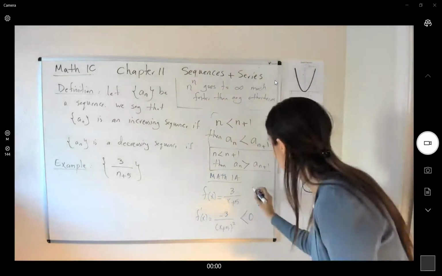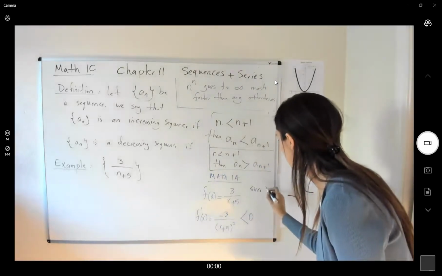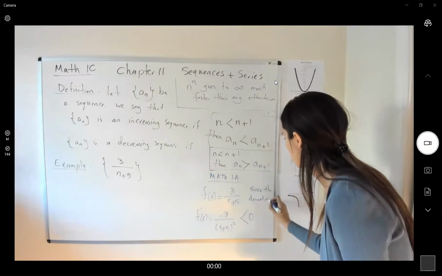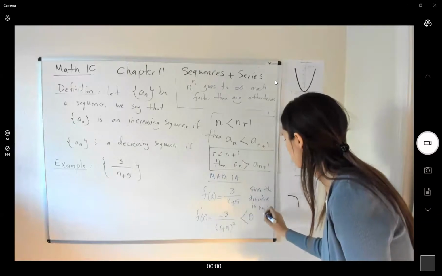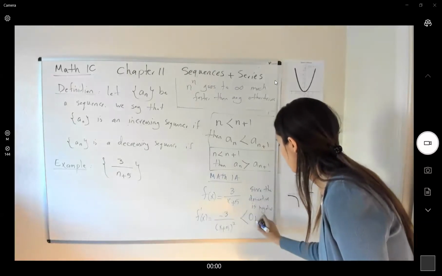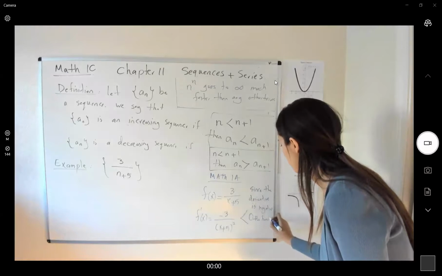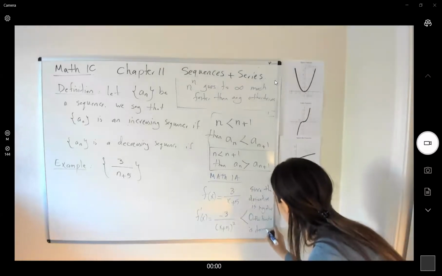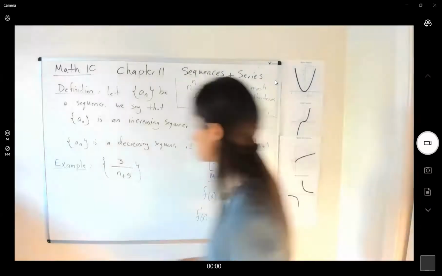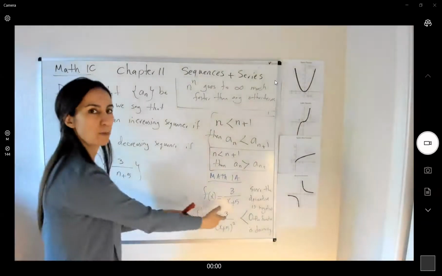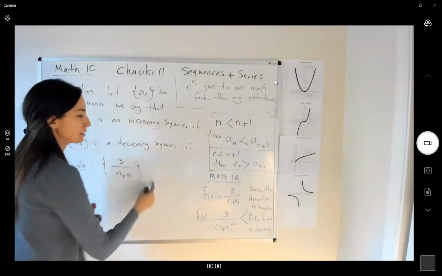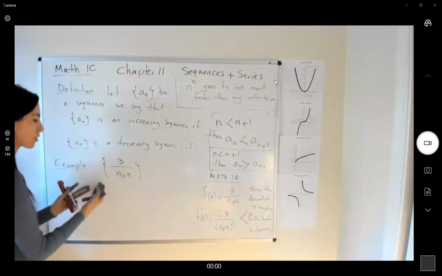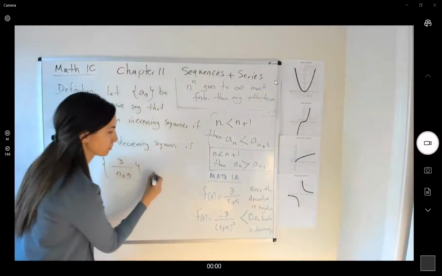If you remember the graph of these types of functions, the graph in general behaves like this. So since the derivative is negative, the function is decreasing. With the same argument, since the sequence is equivalent to the function, this sequence is decreasing.